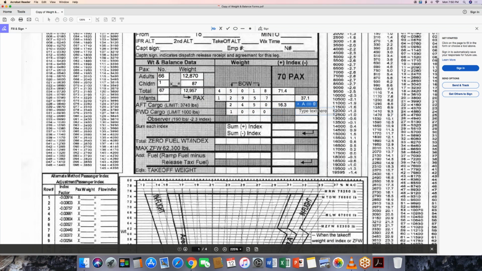And what was our CG here, or our index? Negative 5.4. Oh, okay. It was negative 5.4.